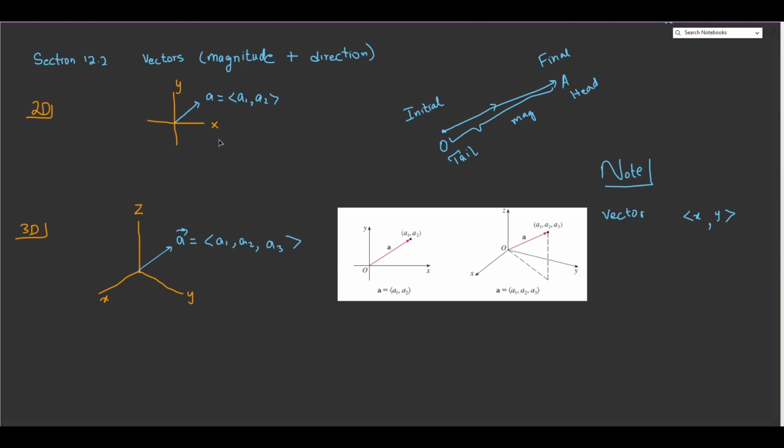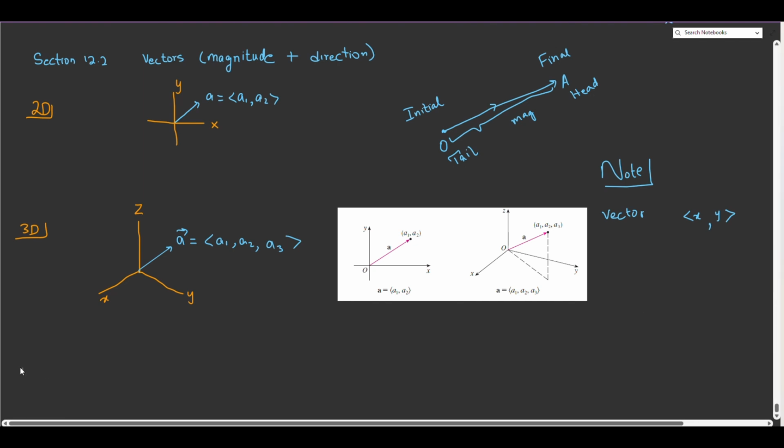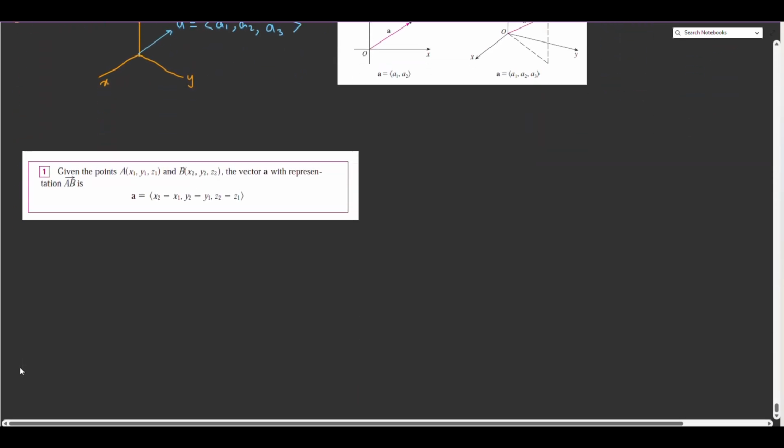The next definition is, if we are given two points, how can we find the vector between the two points? This is the definition we will use here. What you need to remember is the following.